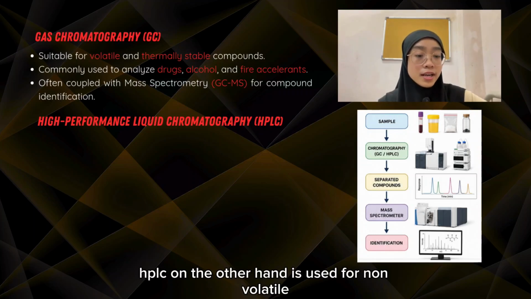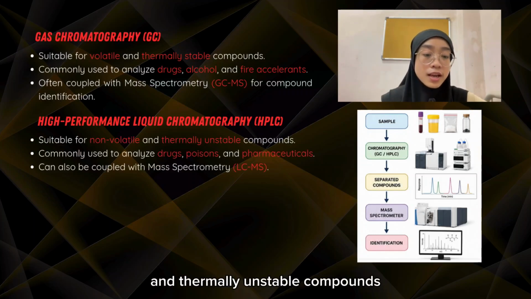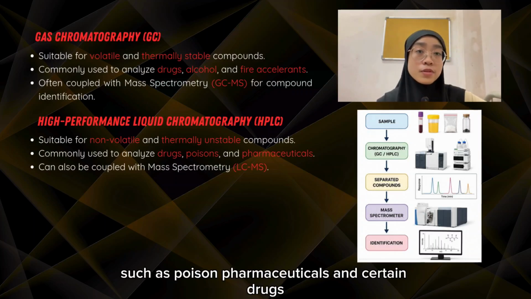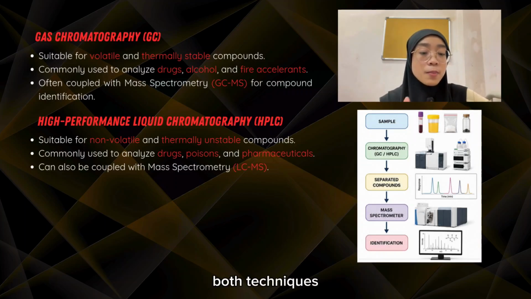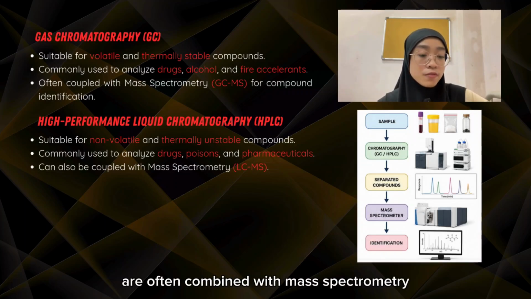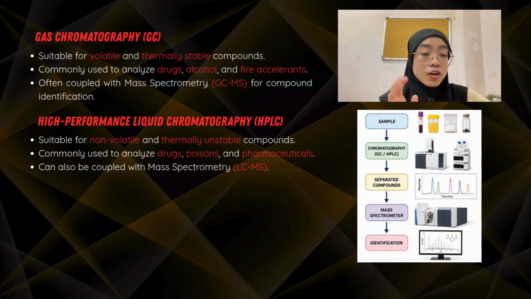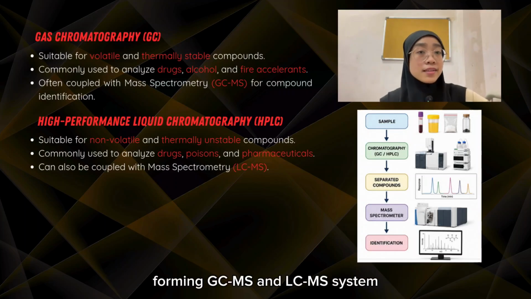HPLC, on the other hand, is used for non-volatile and thermally unstable compounds such as poison, pharmaceuticals, and certain drugs. To improve the accuracy of the analysis, both techniques are often combined with mass spectrometry, forming GC-MS and LC-MS systems.